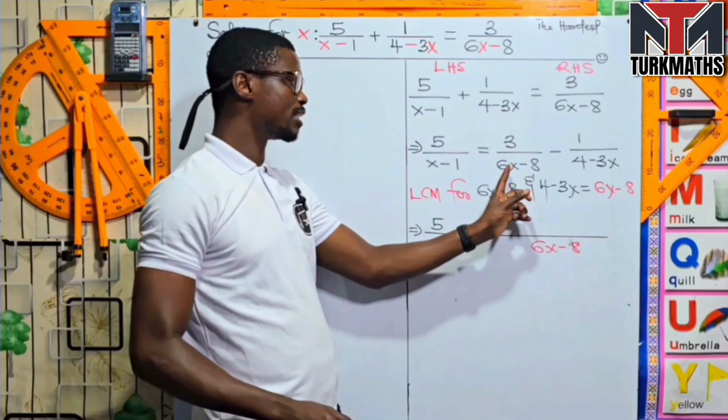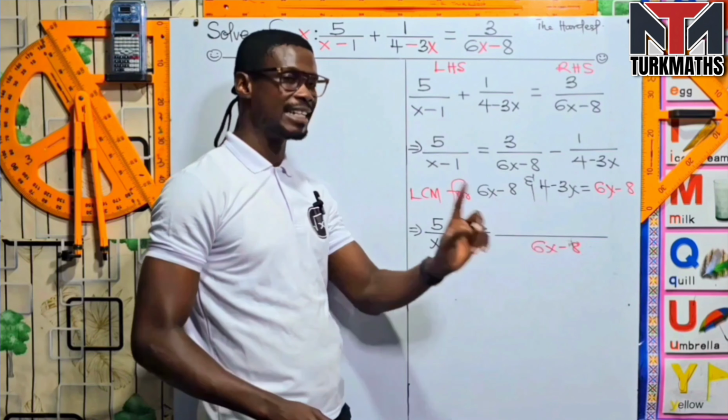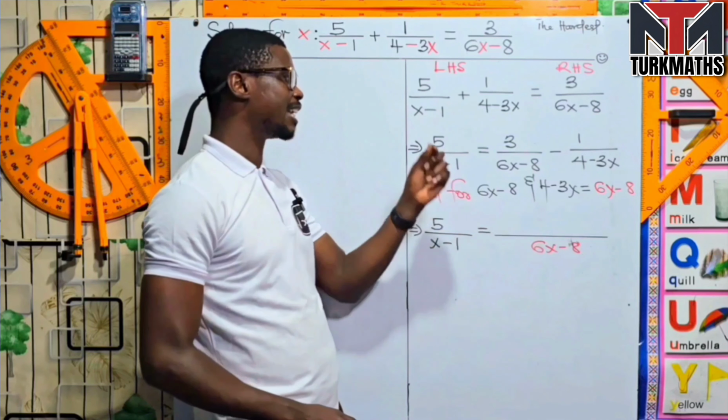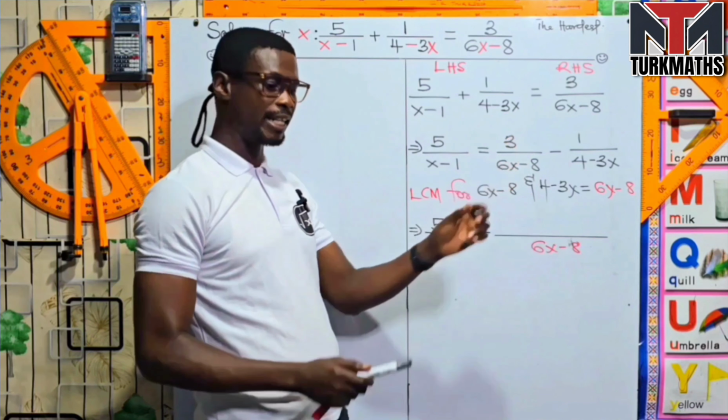So now, what is the common factor between this and this? That is 1. Then you multiply it by the numerator, which is 3.